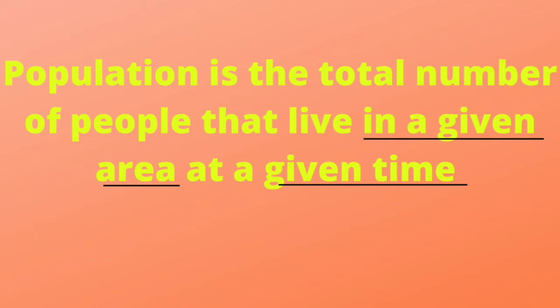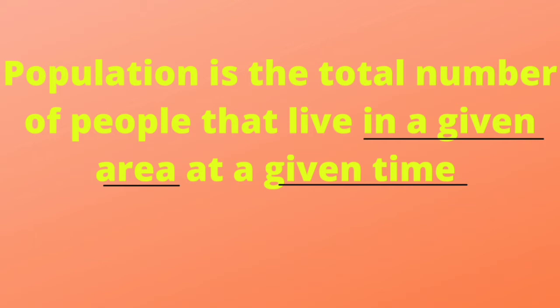What that means is that it is highly unlikely for two places or two countries to have the exact same population. It is also unlikely for the population to remain the same over a 2-year span. So population is constantly changing. That is why we say that the two main components of the definition should not be left out whenever you are defining the term population.